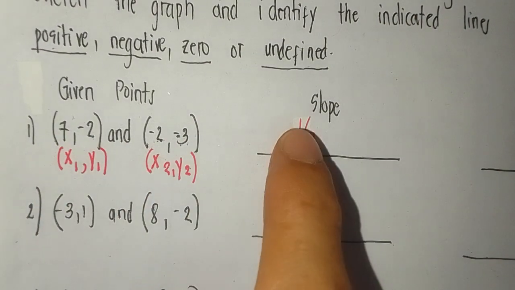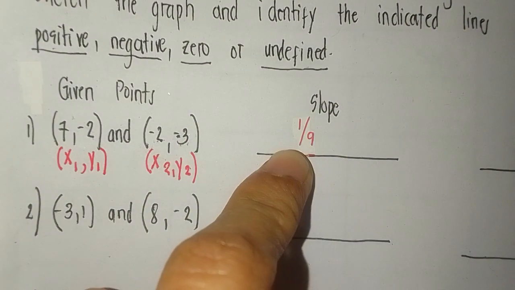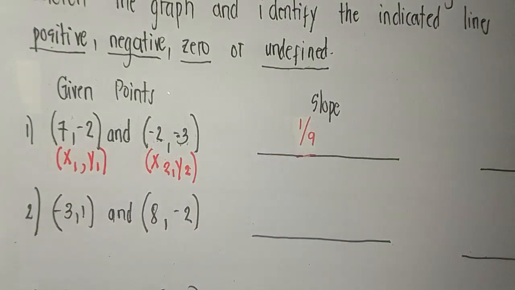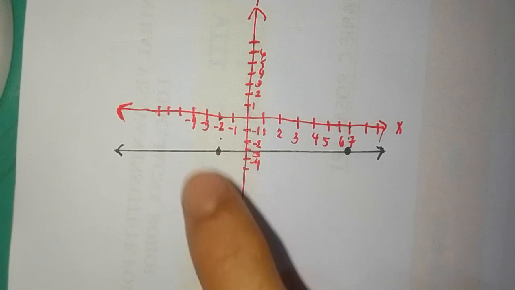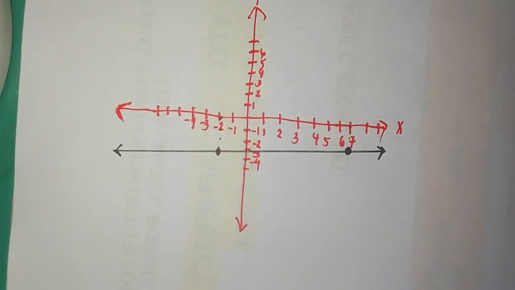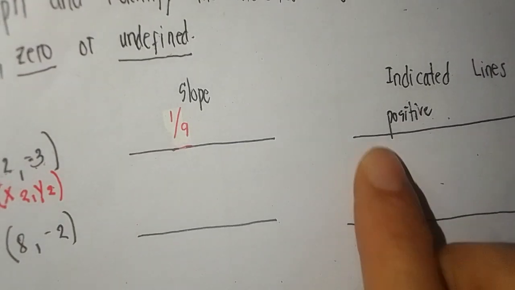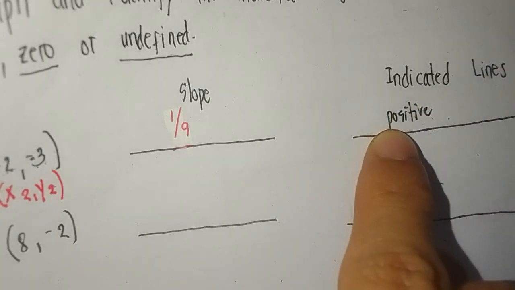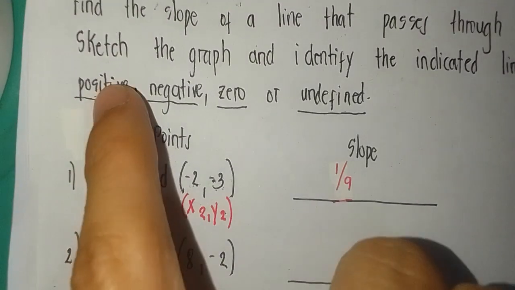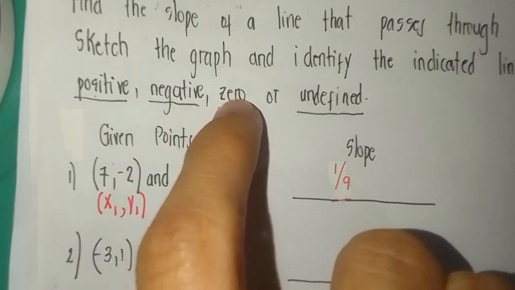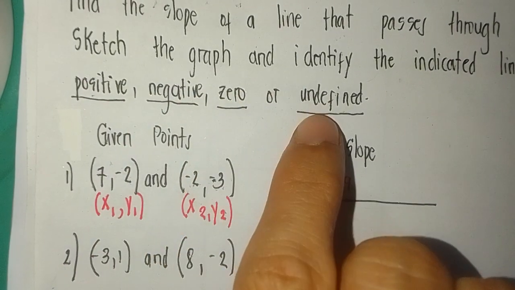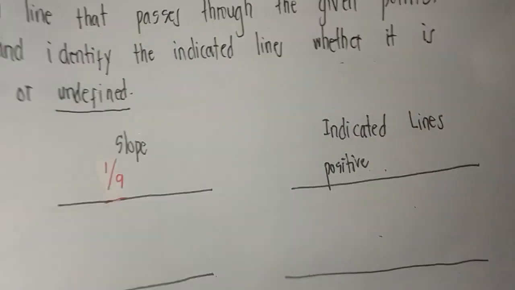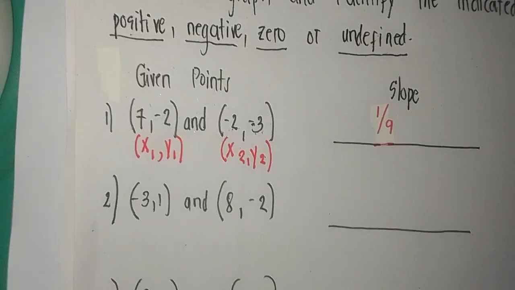Given 2 points, you have to find the slope, solving using the equation or the formula. After that, you have to graph just like this on the graphing sheet provided. And after that, you have to indicate the line, choosing from the 4 choices stated above the instructions. So, positive. That is the second part.